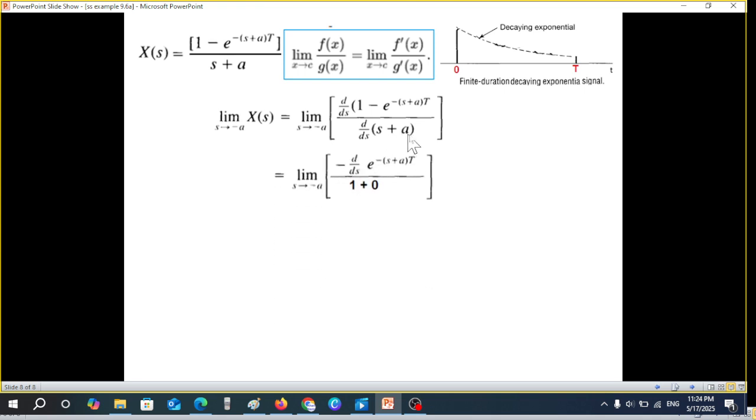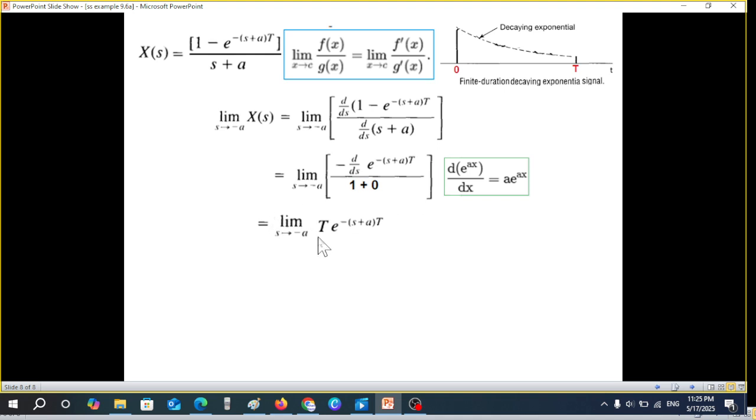Differentiating with respect to s, that will be 1, this will be 0, this will be 0, 1, then it will be minus d/ds of e to the power minus (s plus a) T. Since we are differentiating with respect to s, this T is a constant. It will come out, following the formula: the derivative of e to the power ax is a times e to the power ax.